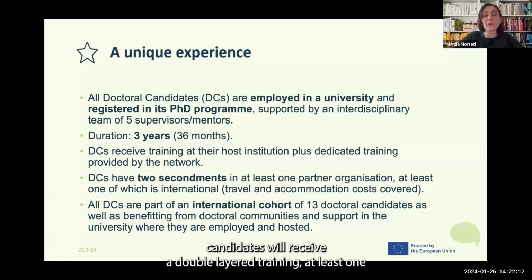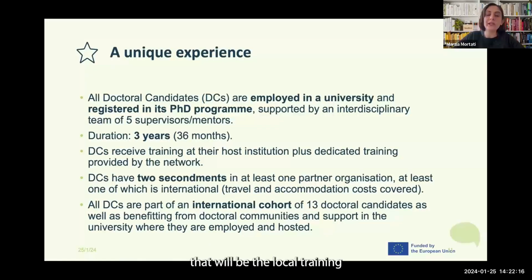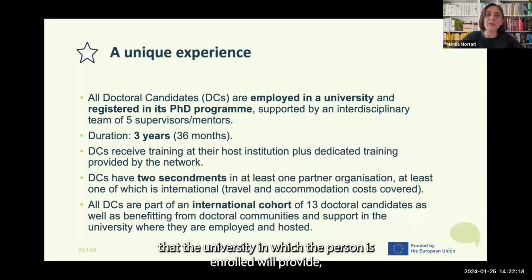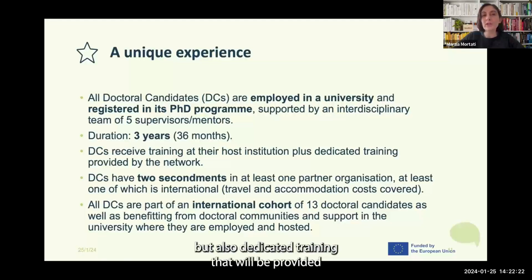So these candidates will receive a double-layered training at least: the local training that the university in which the person is enrolled will provide, but also dedicated training provided by the entire network, not only the universities involved, but also all the associated partners, which extremely increases the value and the benefit of being in this exchange and in this community that we are starting.